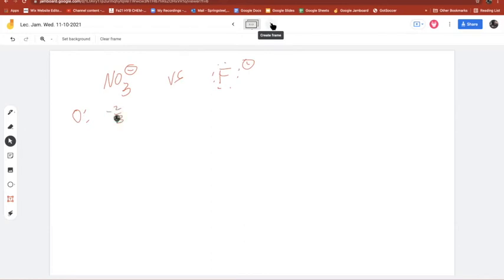The fluorine has a -1 charge. That's making it stronger as a nucleophile. The fluorine is more electronegative than oxygen, so that would make it a weaker nucleophile. So let's do this: stronger nucleophile, weaker nucleophile.